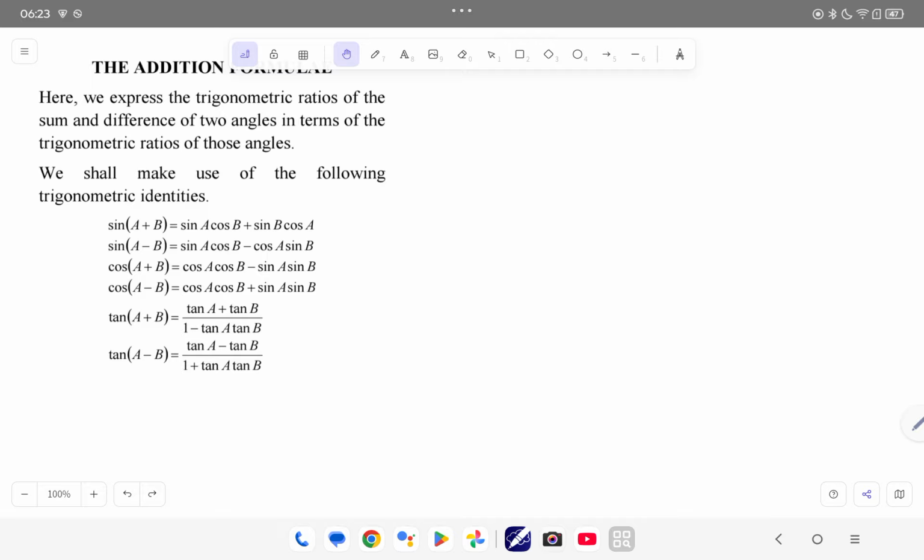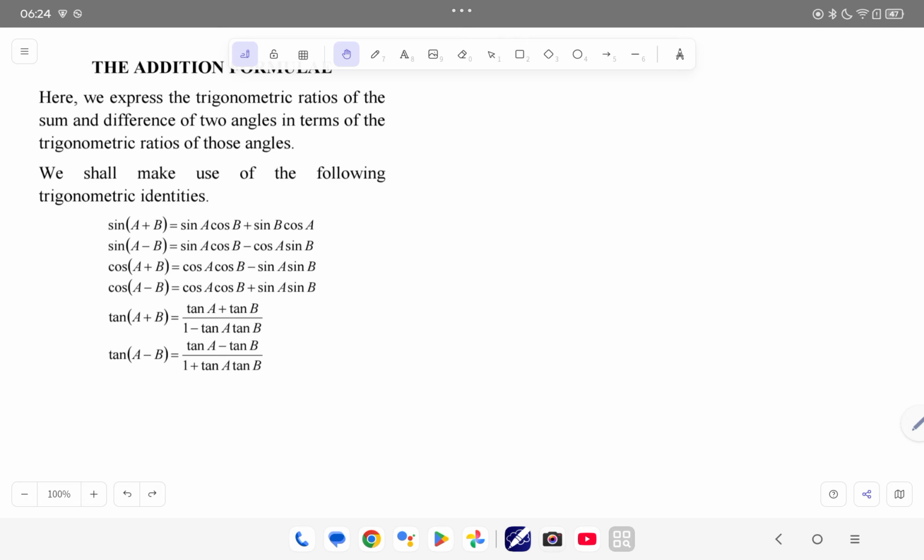We shall make use of the following trigonometric identities. These ones can be derived, but I didn't want to delve into that. Our key learning outcomes is to know these identities and be able to apply them in proving trigonometric identities.